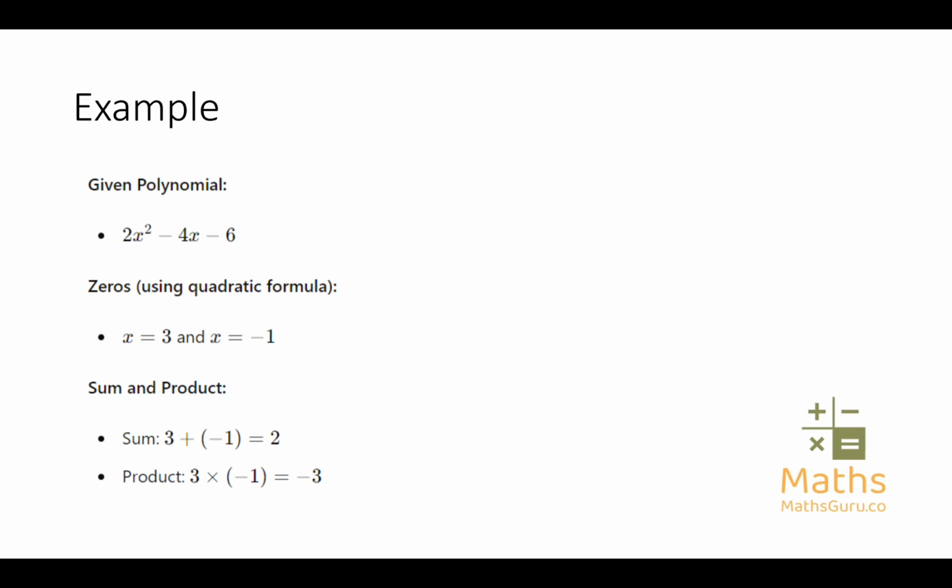2x square minus 4x minus 6. If we try to find the roots, x will become 3 and the other root would be minus 1. These two are the zeros of the polynomial. So if I do alpha plus beta, 3 plus minus 1 is equal to 2. Here, minus b by a is minus of minus 4 by 2, so it would be 4 by 2, which is 2.